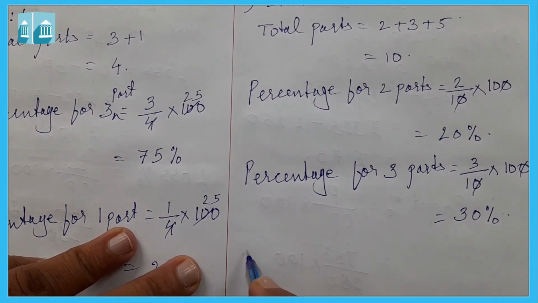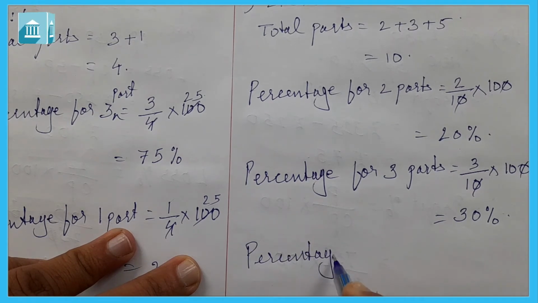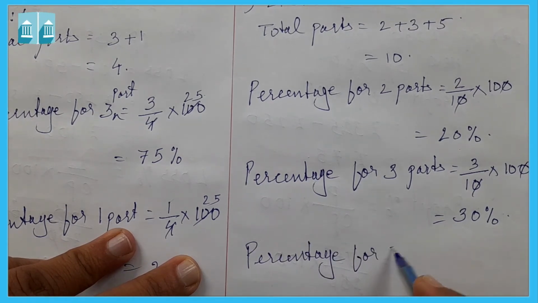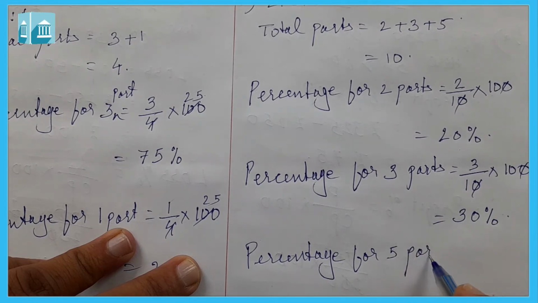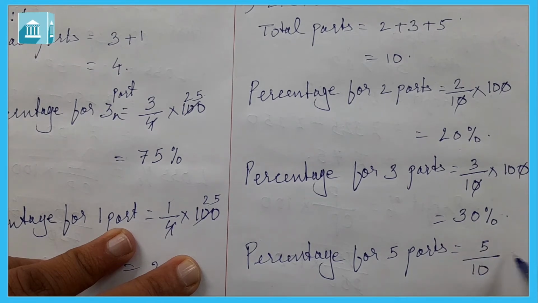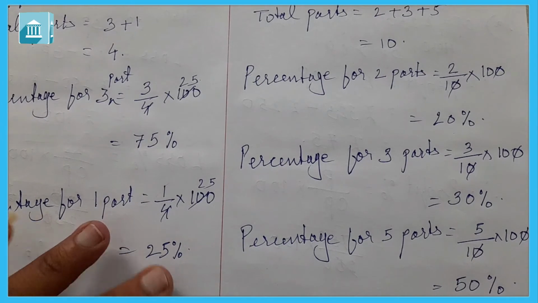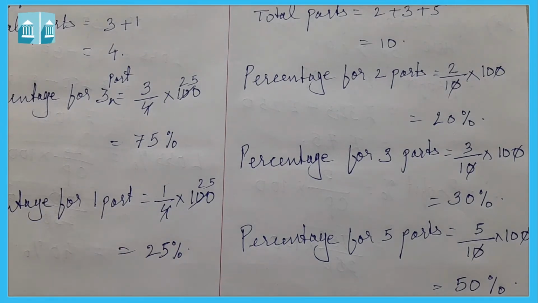Then percentage for 5 parts is equal to 5 upon 10 into 100, which is equal to 50%. So in this way we can find out the percentage for each part. Question number C and D is your homework. Now let us see question number 3.